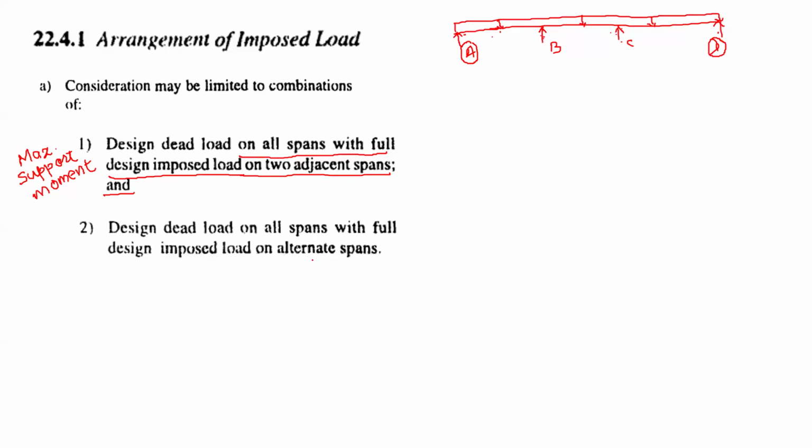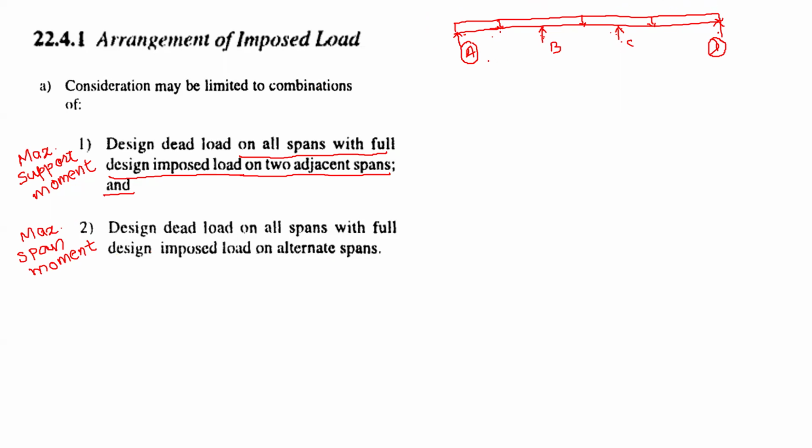Second, design dead load on all spans with full design imposed load on alternate spans. This is for maximum span moment. If I am interested in the maximum span moment in AB, I will apply live load on AB and on CD.